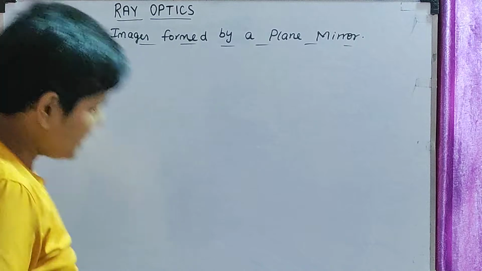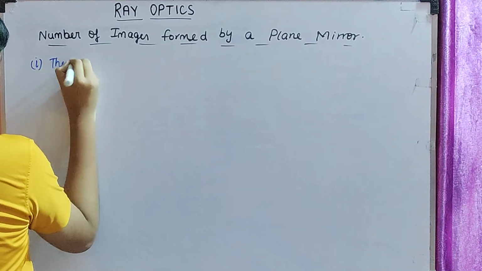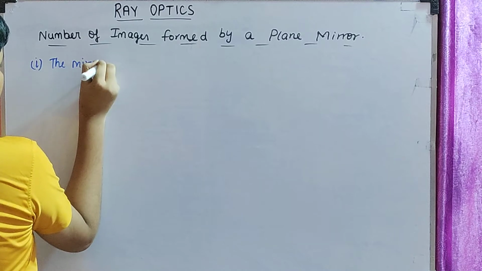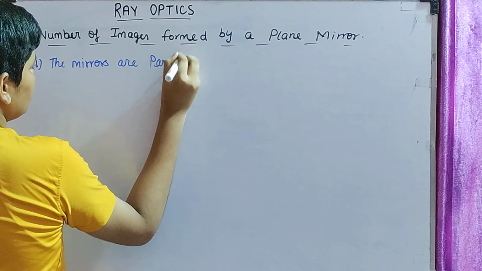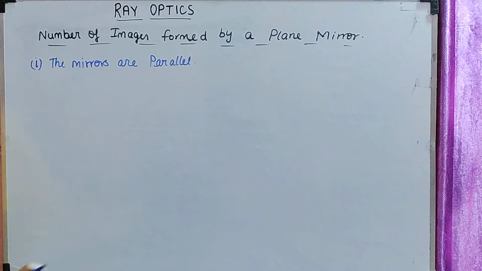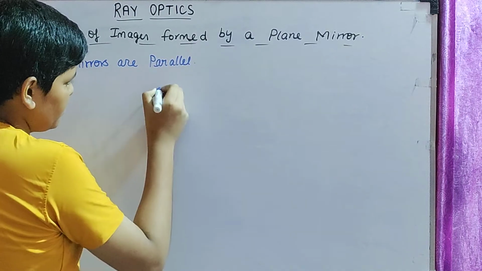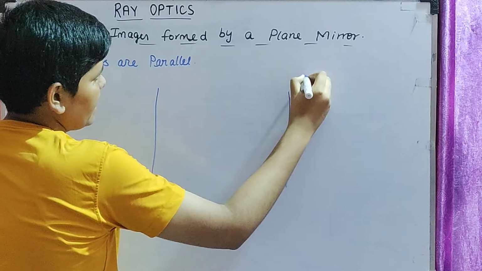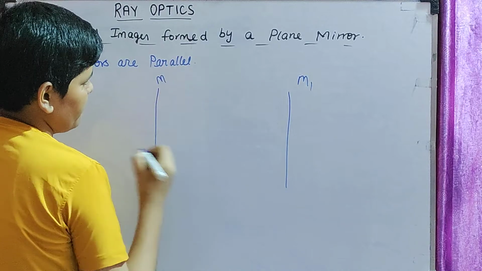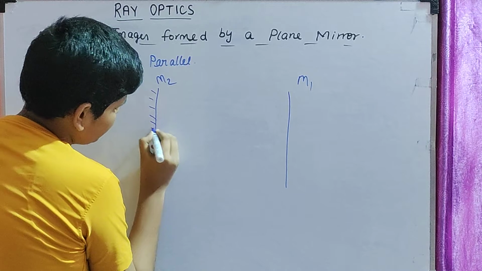So let us start with case number 1, when the mirrors are parallel. That is the number of images formed by plane mirrors when the mirrors are parallel. Let us take two mirrors over here. This one we will call mirror M1, this is mirror M2. So we are polishing this side over here.